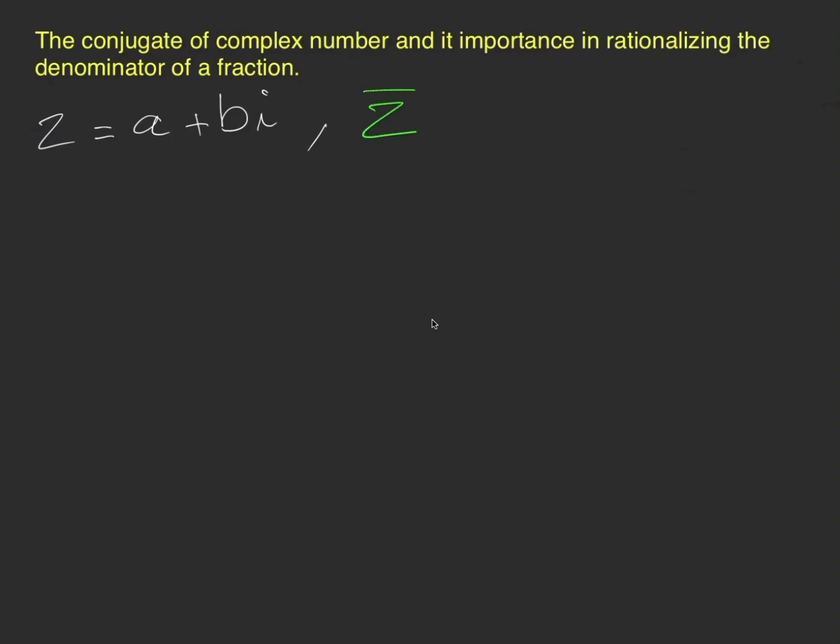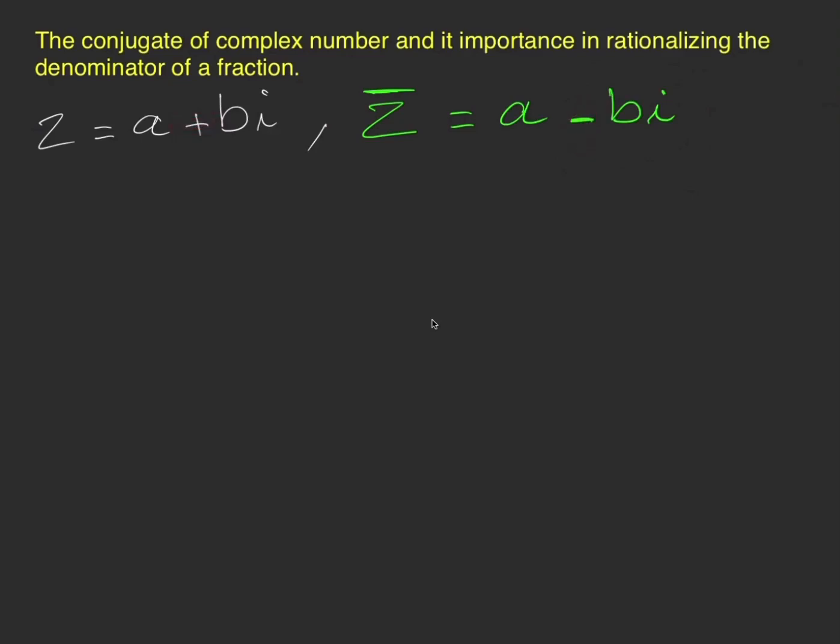We always put this line on top. This means conjugate. The difference is just that line, and the conjugate is always a minus bi. So you see a is still the same, just the imaginary part we always change the sign. If we have positive, we make it negative, and if we have negative here, we make it positive, just change the sign.